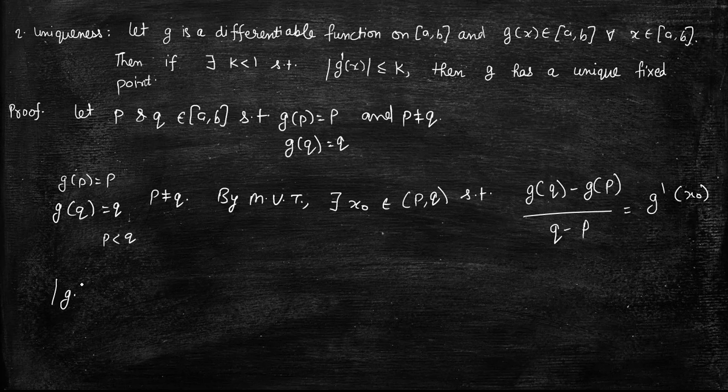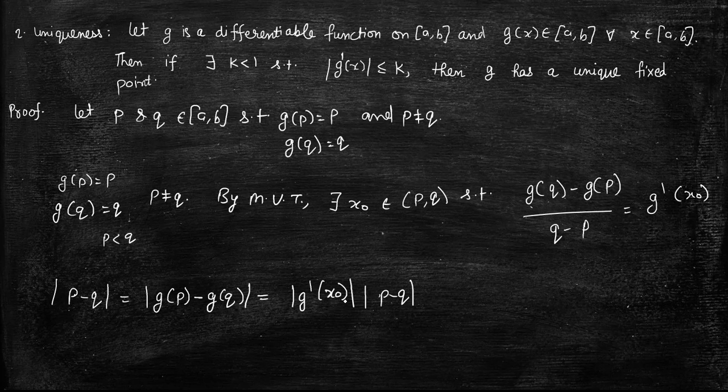So now we have to see what is q minus p or p minus q. Since p is a fixed point and q is a fixed point, we can replace these by g(p) minus g(q). Now from this, mod of g(q) minus g(p) is equal to mod of g prime x naught and mod of q minus p or p minus q. P minus q or q minus p will also work, so this is not a problem.